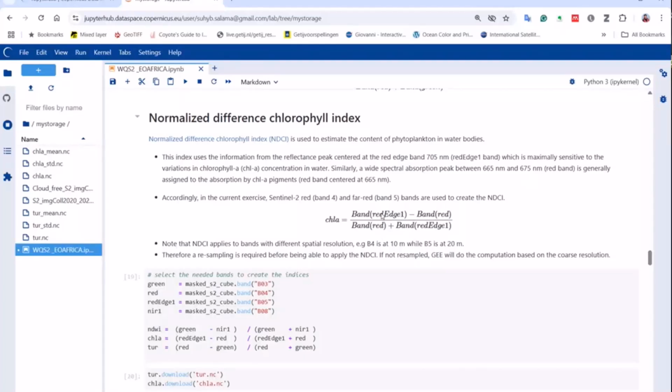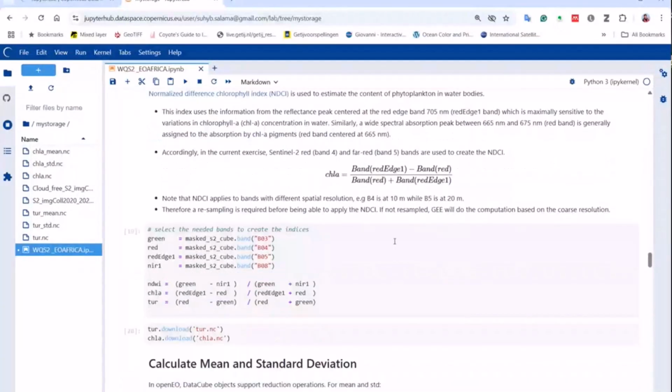Here we select, for instance, the band centered at 705 minus the red band centered at 665, divided by their sum.